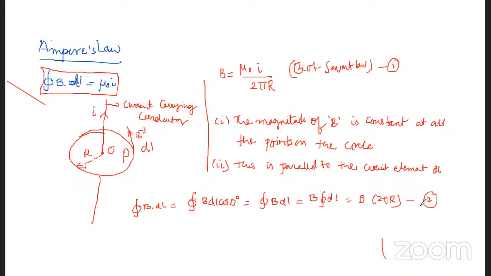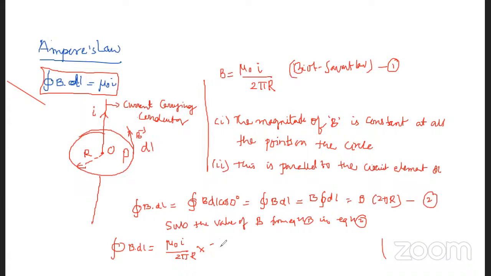From these two equations, substituting the value of B from equation 1, mu naught I by 2 pi r, in equation 2, we get the integral of B dot dl equal to mu naught I by 2 pi r, into 2 pi r.